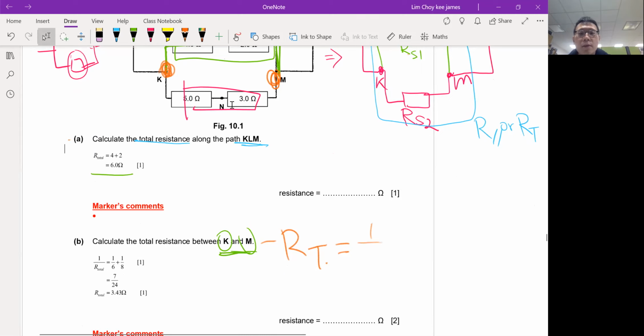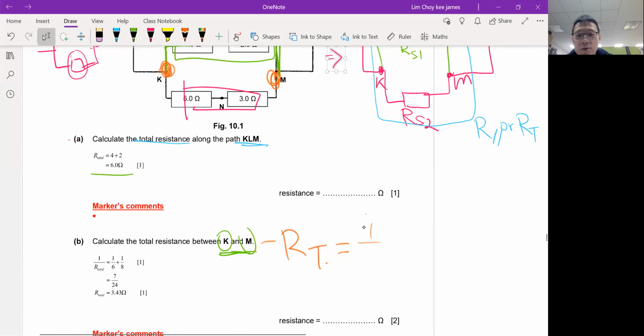Okay, what is it? Blinking? Oh, let me see. Give me a while first. Let me stop sharing for a while first. I wonder what happened. Why is it blinking? Let's try again. I have no idea.